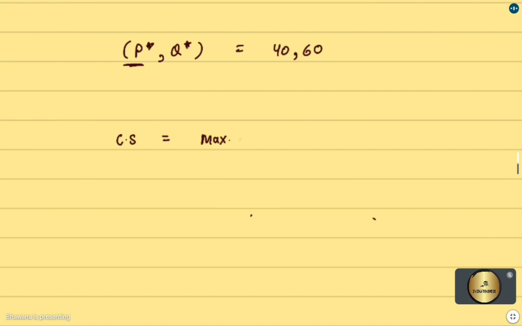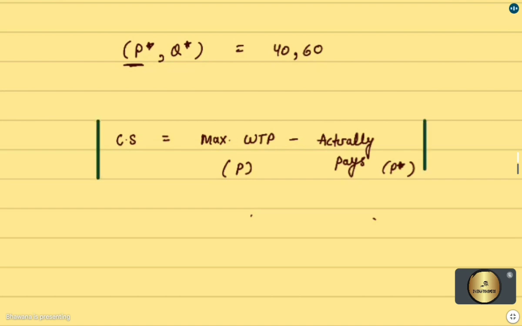So we can denote the maximum willingness to pay as P, and this is your P star. This difference between P and P star is represented by the consumer surplus, the surplus that you get.